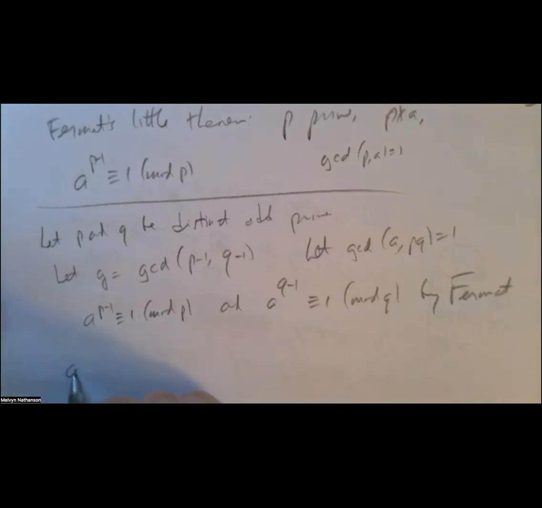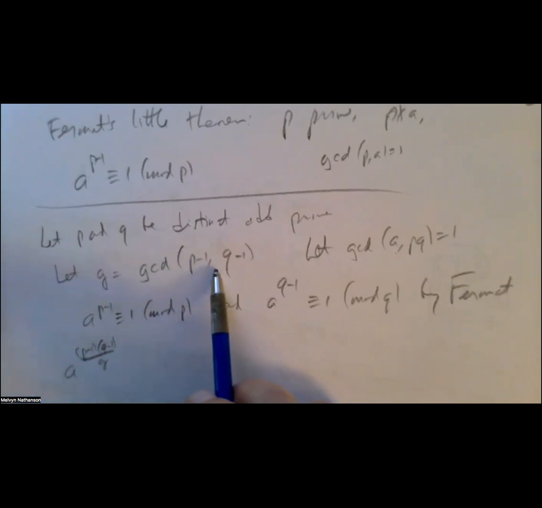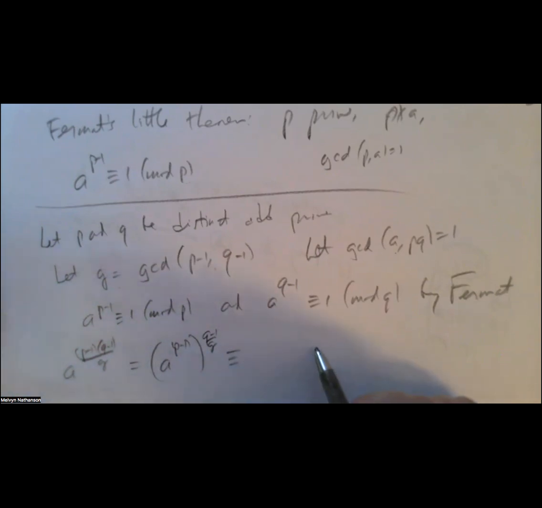Suppose you look at A to the P minus 1 times Q minus 1 over G. G is the greatest common divisor of P minus 1 and Q minus 1. So this is equal to A to the P minus 1 raised to the power Q minus 1 over G. This is an integer because G divides Q minus 1. What is this congruent to mod P?